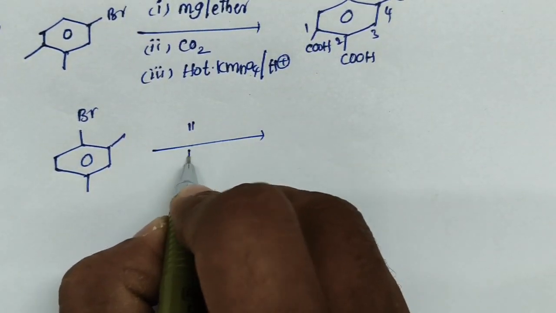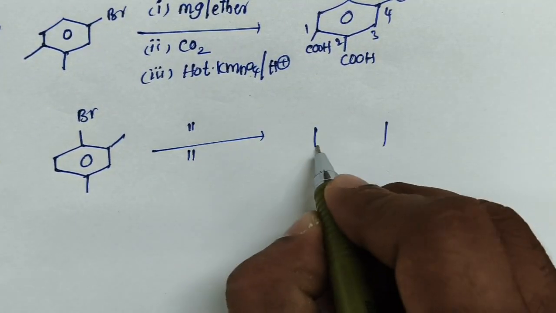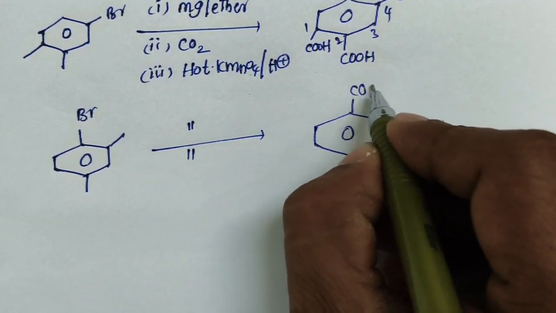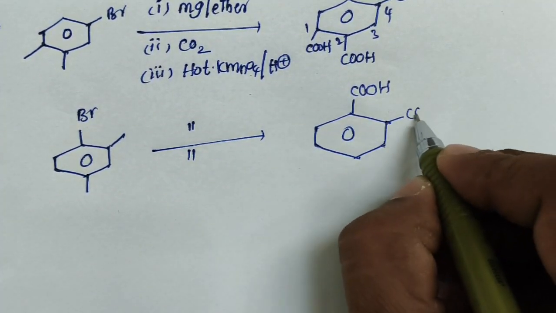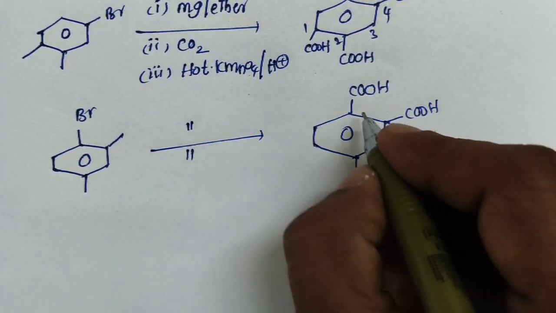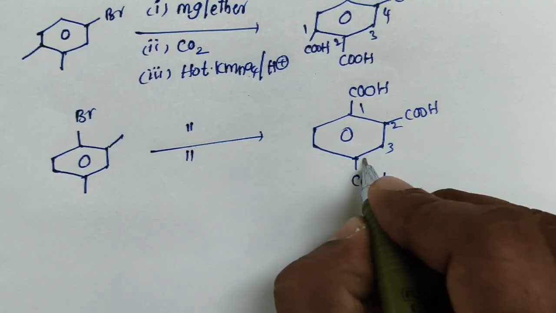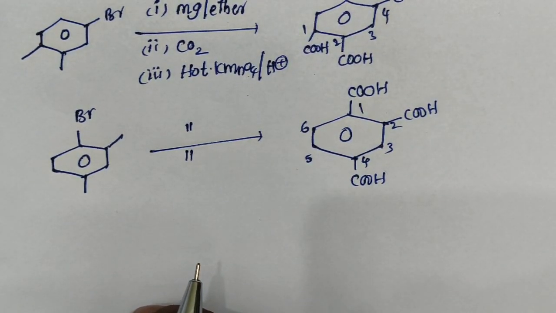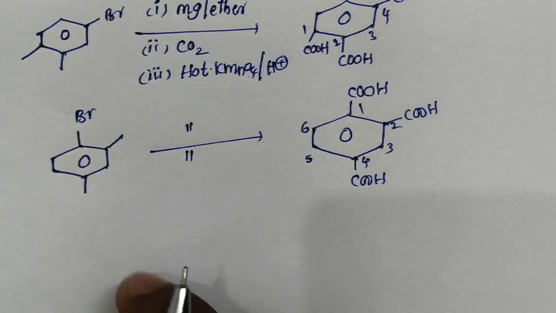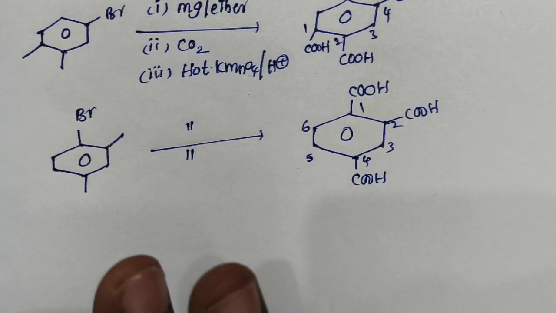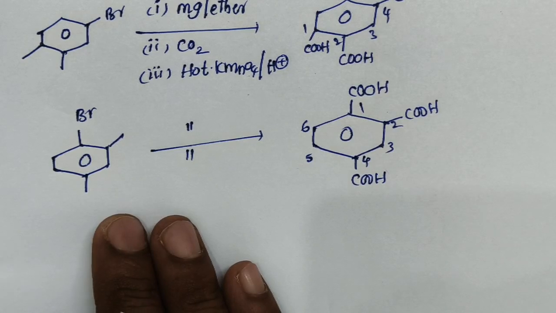In presence of these three conditions we will get here COOH, COOH, COOH, 1, 2, 4, 5, 6. Here also we got 1, 2, 4. So out of these 5 options, we got 3 options alone with the same kind of isomers.